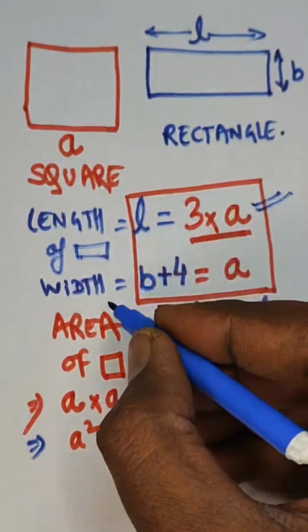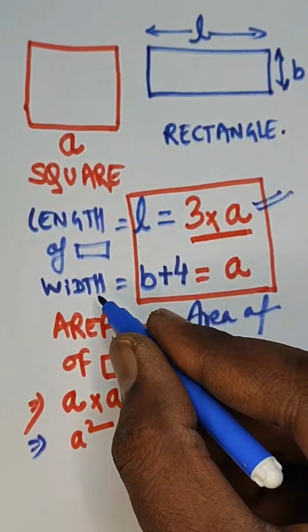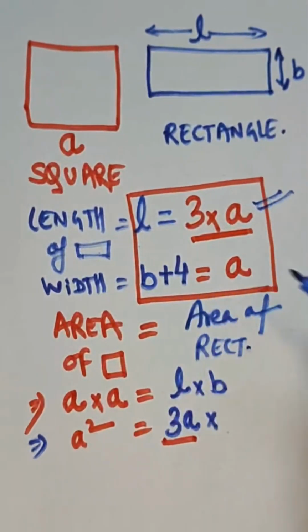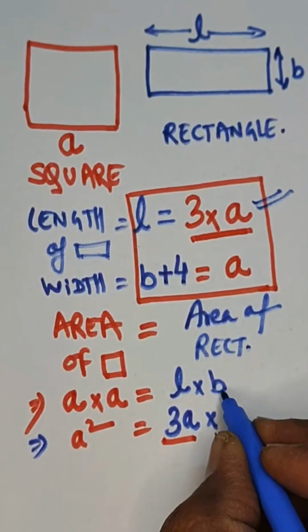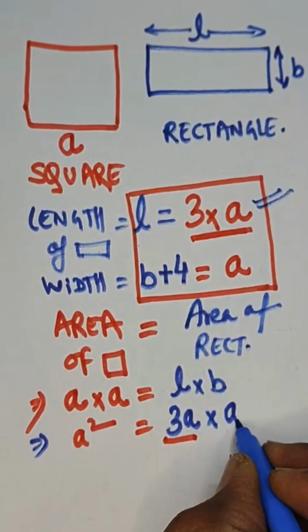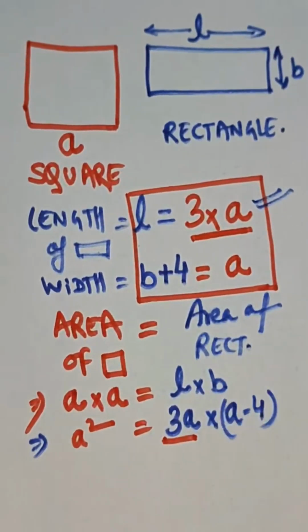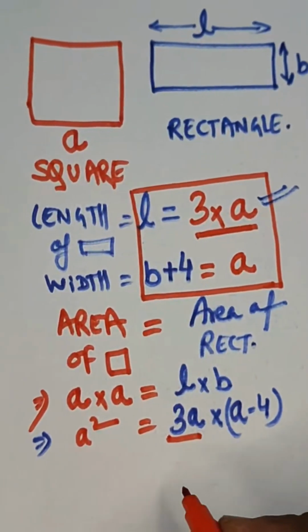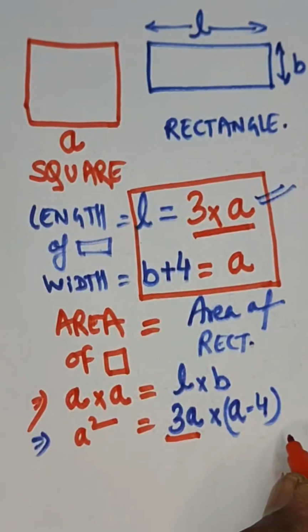And from the relation for the breadth, B plus 4 is A, so instead of B, just write A minus 4. This will give you a single quadratic equation in the form of A.